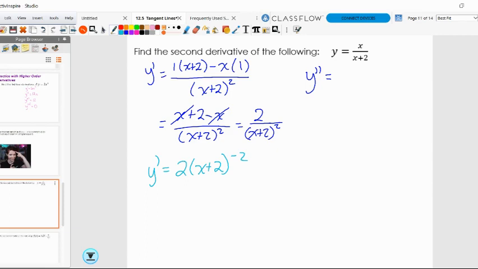Okay, so let's try that. So we're going to do y double prime now. Y double prime, because I wanted to change colors, okay, is going to be negative 4 times x plus 2 to the negative third power times the derivative of the inside, which is just 1. Okay.